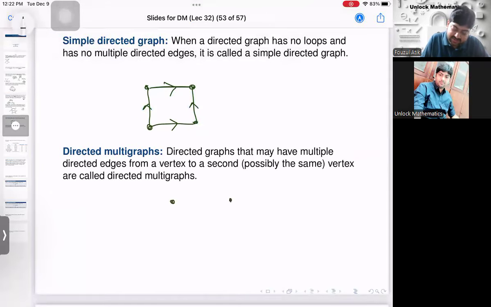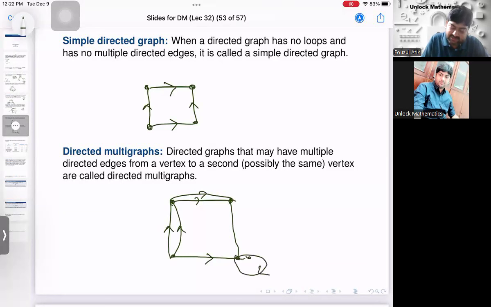Maybe I draw this graph where I have this and this, and in the same way directed, this and this. This one and this one, both of them are multiple directed edges, and the loops are there. This is an example of a directed multigraph. I hope this is clear, right?